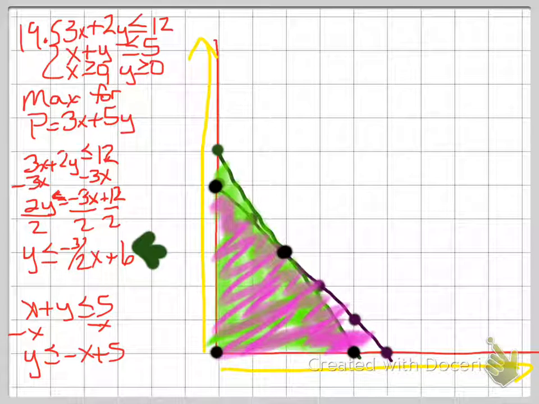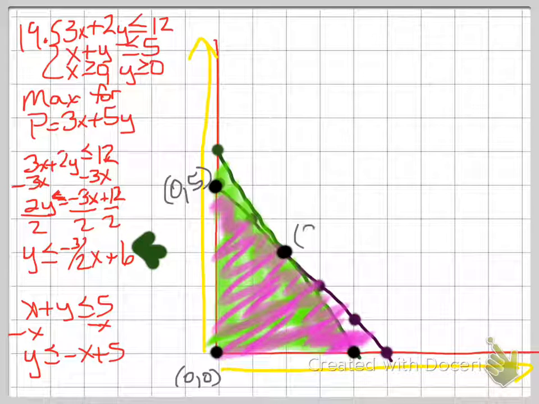So those are at 0, 0. And then we have it at 0, 1, 2, 3, 4, 5. So this one is at 0, 5. This one is at 1, 2. X is 2 and 1, 2, 3. So 2, 3. And then right here is at 1, 2, 3, 4, so 4, 0.